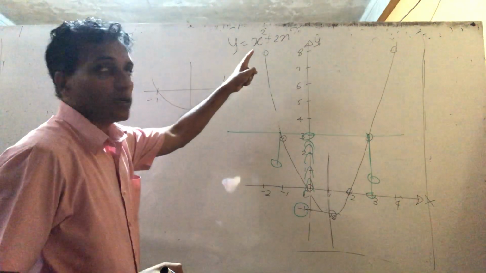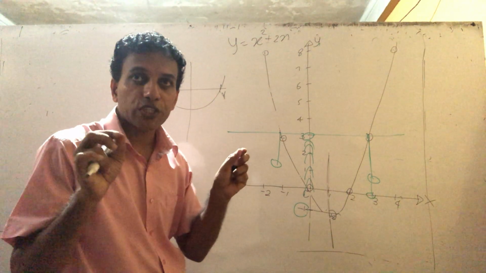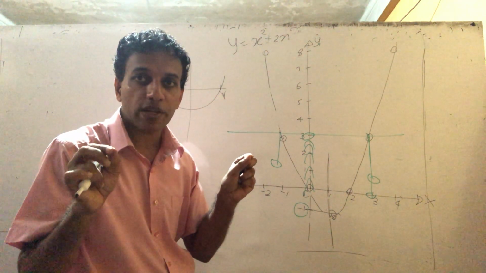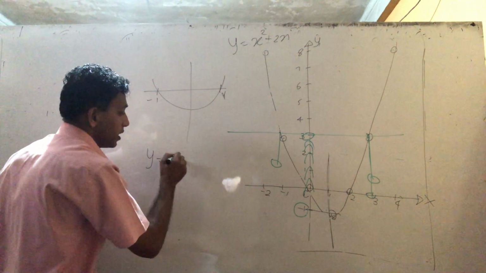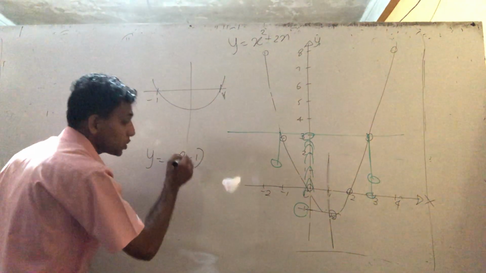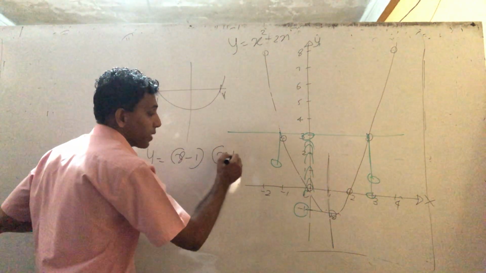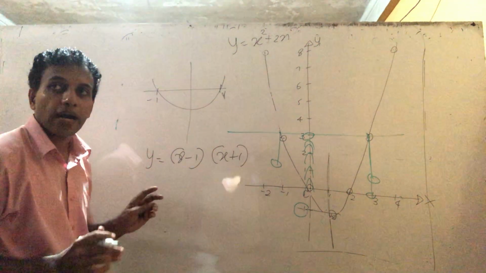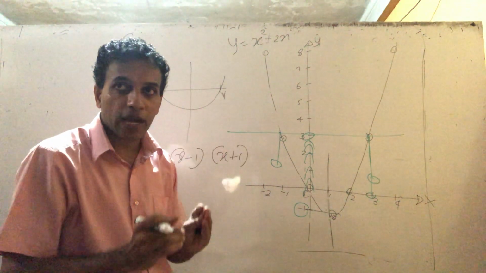Here we can give the intersection pattern. If a graph cuts two points along the x-axis, what is the equation? y equals, if it cuts at 1, you say what? x minus 1. If it cuts at minus 1, you say what? x plus 1. This is the idea. So in paper 1 also, they can modify it in word form and ask only such a part.